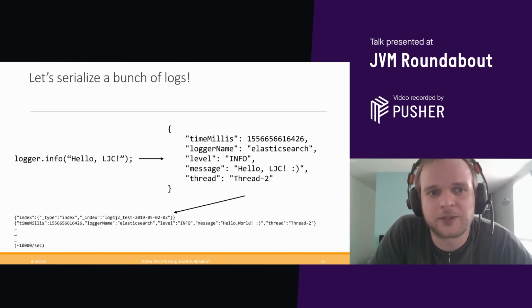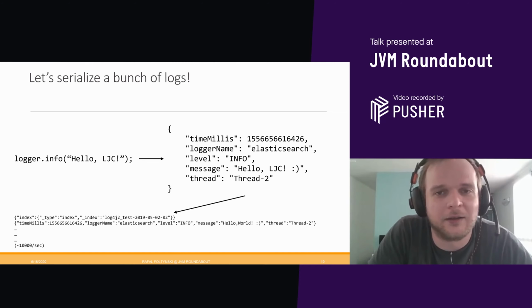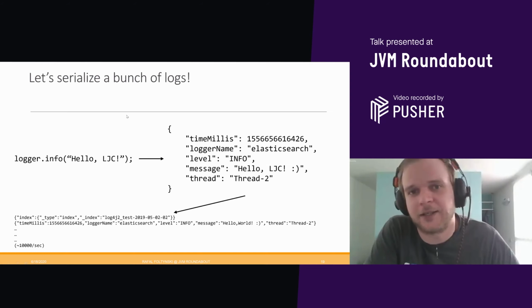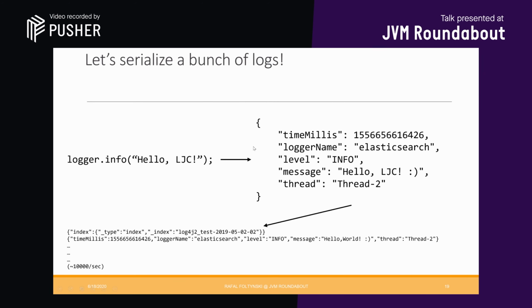Once you log a line in the logger, it eventually gets serialized into a JSON, and then it gets appended to a bigger batch of objects, because Elasticsearch doesn't really like indexing a lot of single documents. Once you send these documents in bulks, it's very efficient to process.